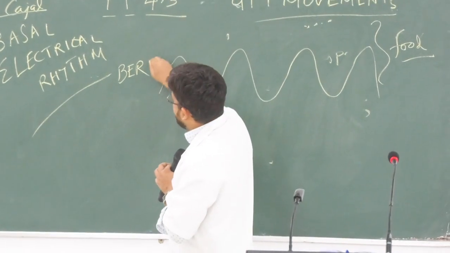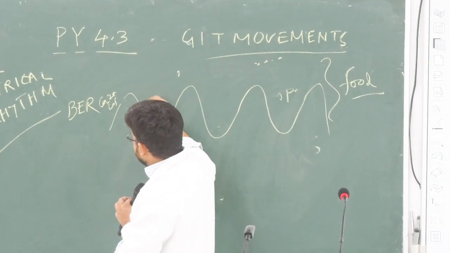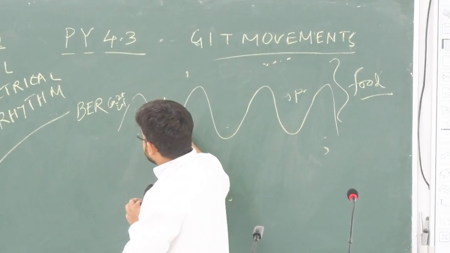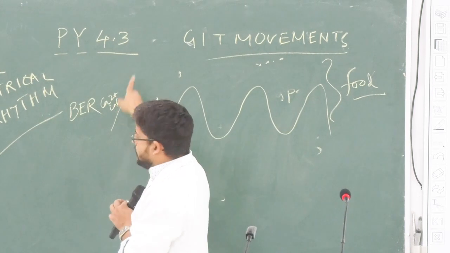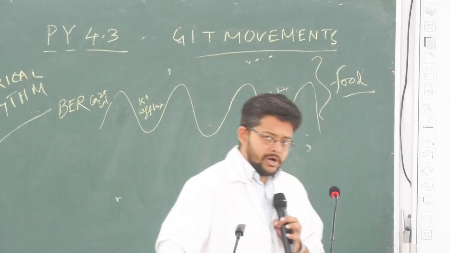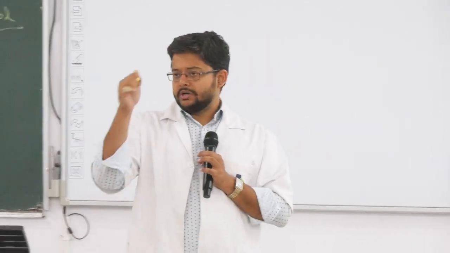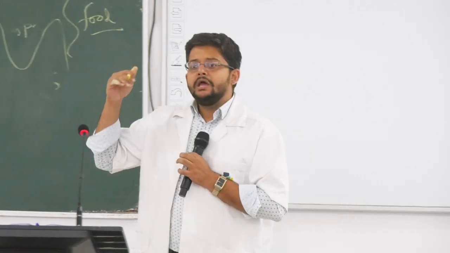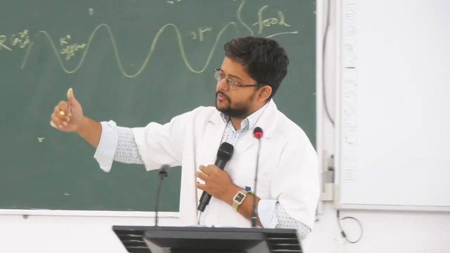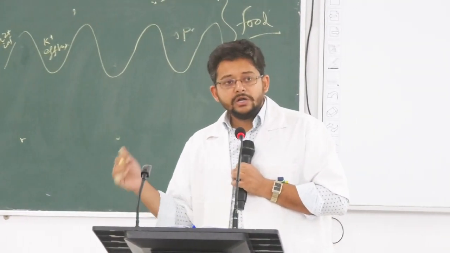Usually this going up is due to calcium influx and coming down is due to potassium efflux. It is the same idea, going upwards is depolarization in basal electrical rhythm. Coming downwards is the repolarization. Calcium influx is responsible for depolarization. Potassium efflux is responsible for repolarization.